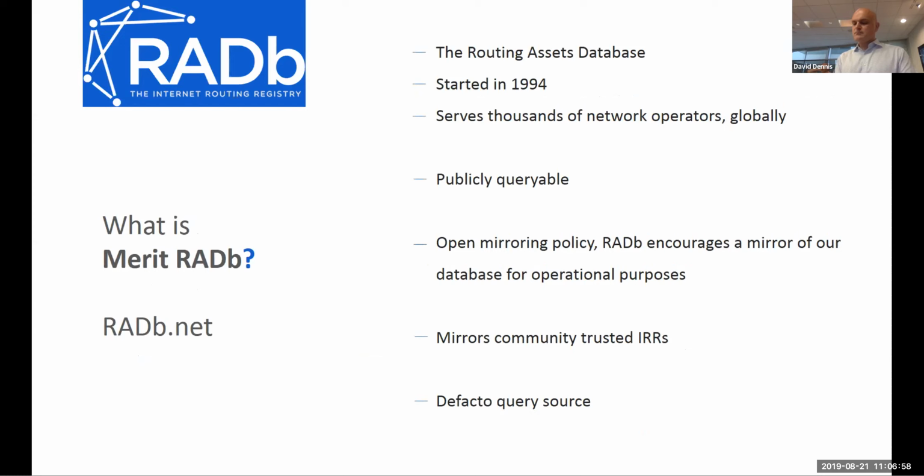RADb started in 1994 with the purpose of being publicly queryable and becoming the de facto query source for IRR data. We mirror many of the community trusted IRRs and encourage others to mirror our data set as well.